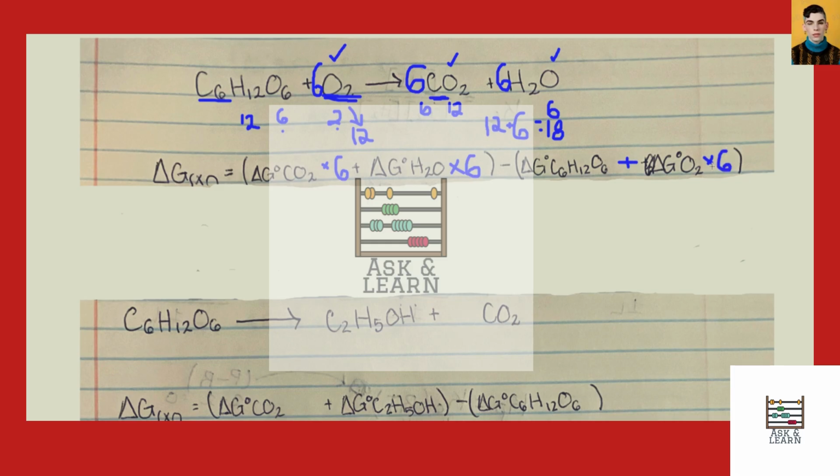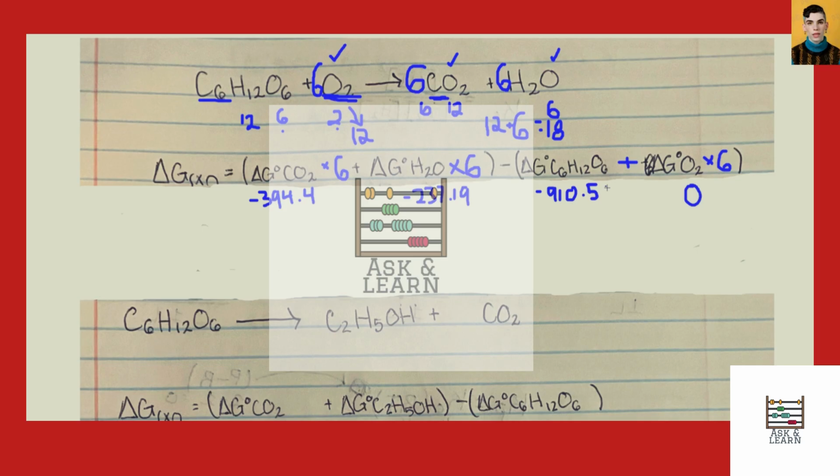All right, so now you're just going to plug and chug through the numbers. The CO2 we have, these are all in kilojoules. I'm not going to write kilojoules just for the sake of time, but it's negative 394.4. This is negative 237.19. And then we have O2 is 0, and C6H12O6, glucose, is negative 910.56.